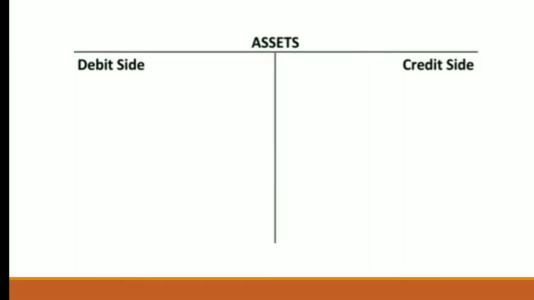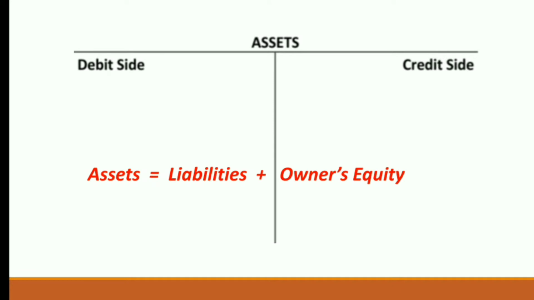Going back to our basic accounting equation, assets is equal to liabilities plus the owner's equity. So as I've mentioned earlier, this accounting equation also stands for the normal balances or the increased sides of these three accounting elements. So the assets in this equation is located in the left side or the debit side of the equation. So this means that the normal balance or the increased side of the assets is in the debit side.